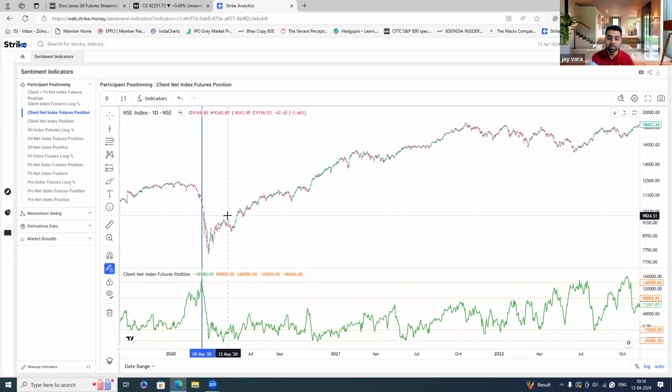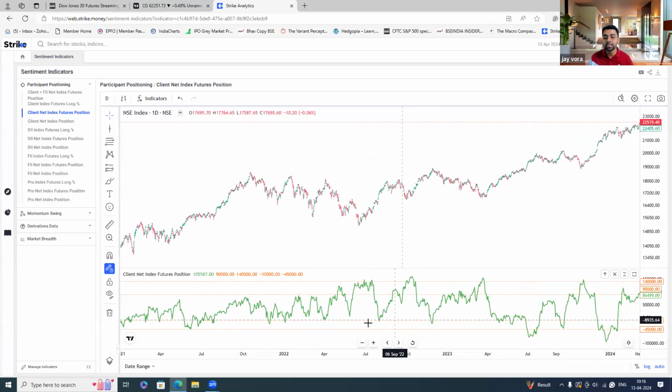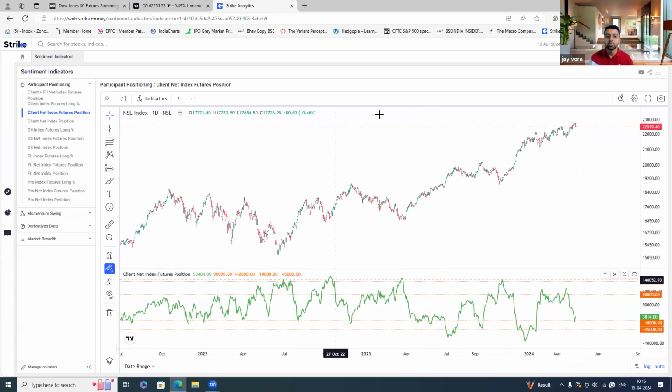But after that, in this rally, and especially when we got this zigzagging over here, that's where it started working very well. In fact, in the last few years or so, you can see that this has worked very well. Now fast forward to 2022, you can see that the market bottomed over here, when the client's positioning was somewhere around 90,000 to 140,000.